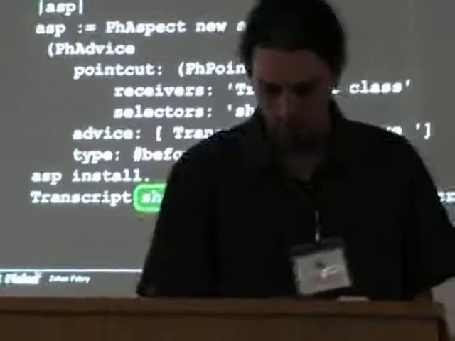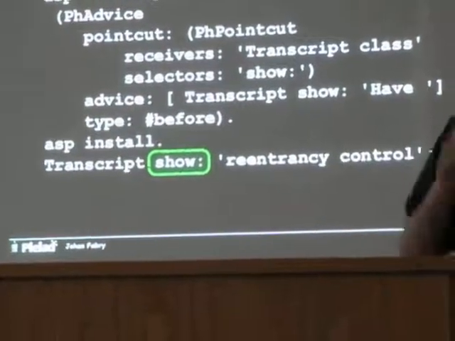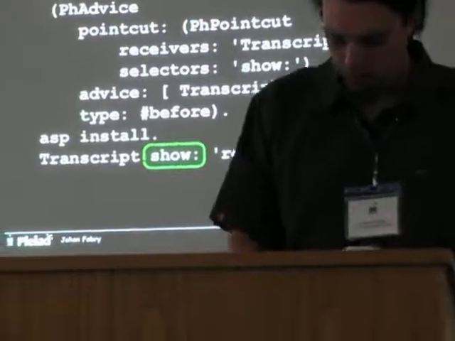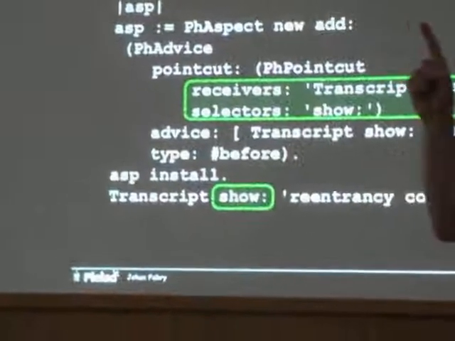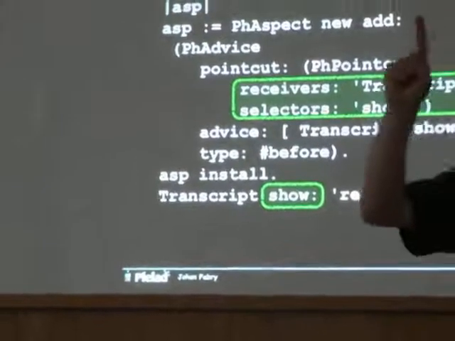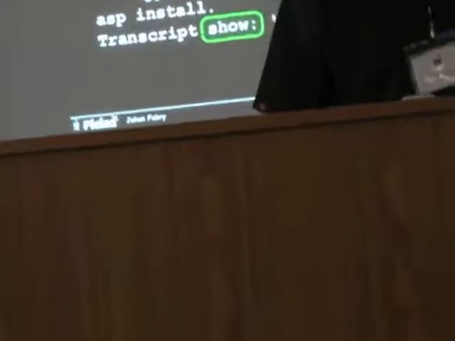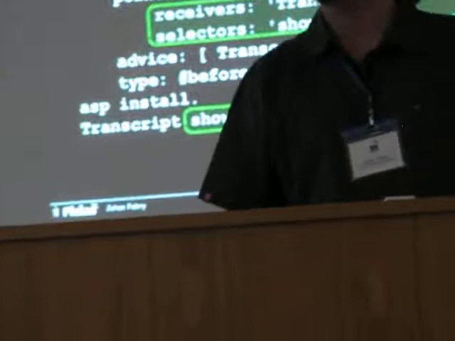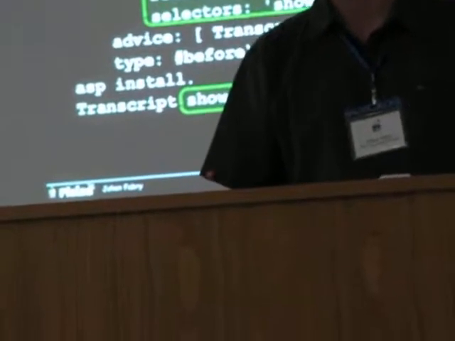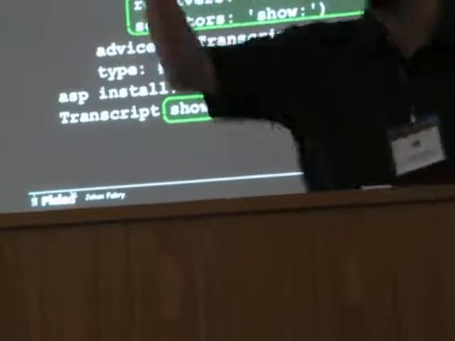I do all of this, and then at some point, transcript show gets called. Alright? Transcript show is special. Why is it special? Because I have a pointcut that says, when this is executed, I'm interested. When it's interested, what's it going to do? Transcript was an instance of transcript history. It depends on which version of Pharo you have.